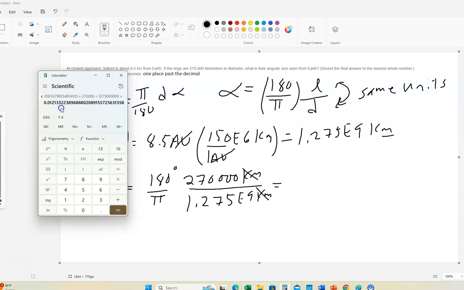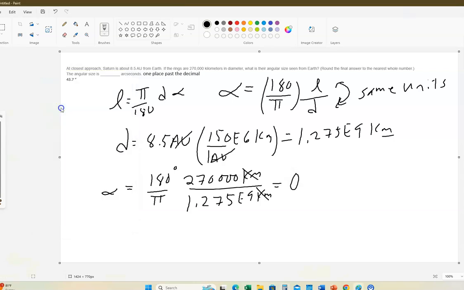And so that's the answer in degrees. It's 0.0121 or something like that. I'm going to leave it unrounded in my calculator, so it's 0.0121 degrees. That's a little degree sign, supposed to be a little circle. And I know that in 1 degree there are 60 arc minutes, and in 1 arc minute there are 60 arc seconds.